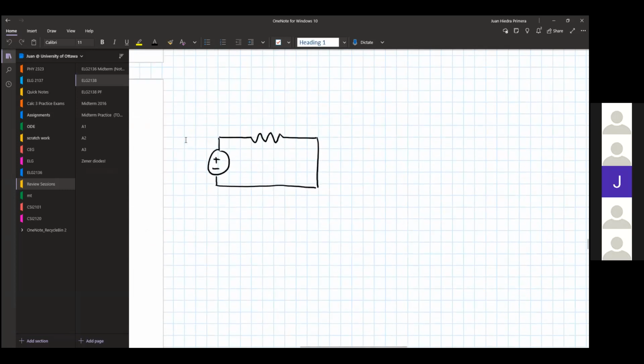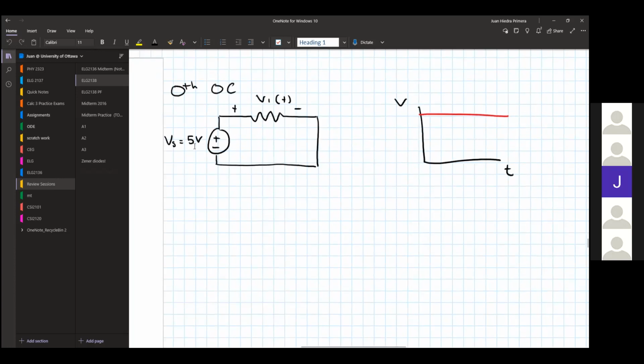Okay, so if you have a zeroth order circuit, and you measure the voltage drop for V1 with respect to time, if your voltage source is, let's say, 5 volts, your graph of voltage to time is constant, right? Because since the voltage source never changes, the amount of voltage the resistor experiences never changes.